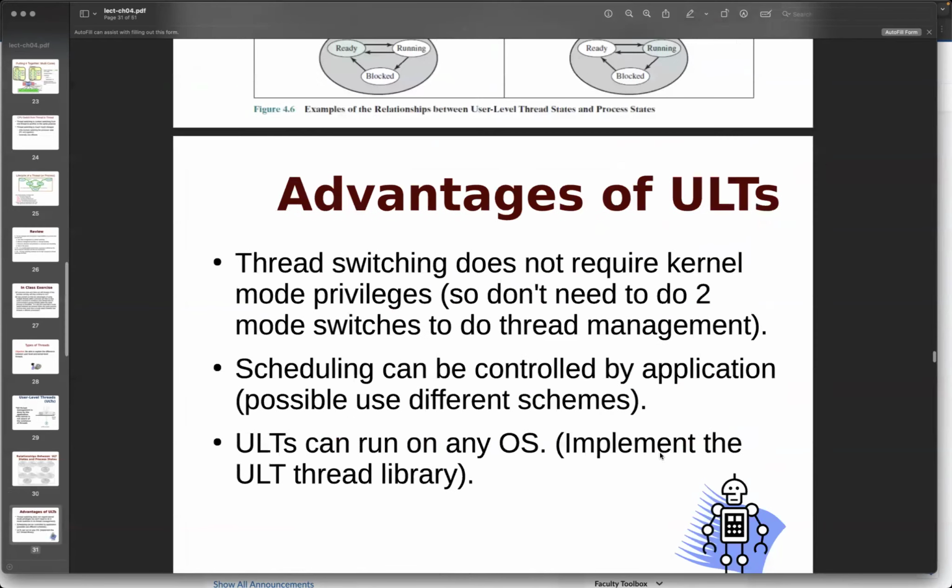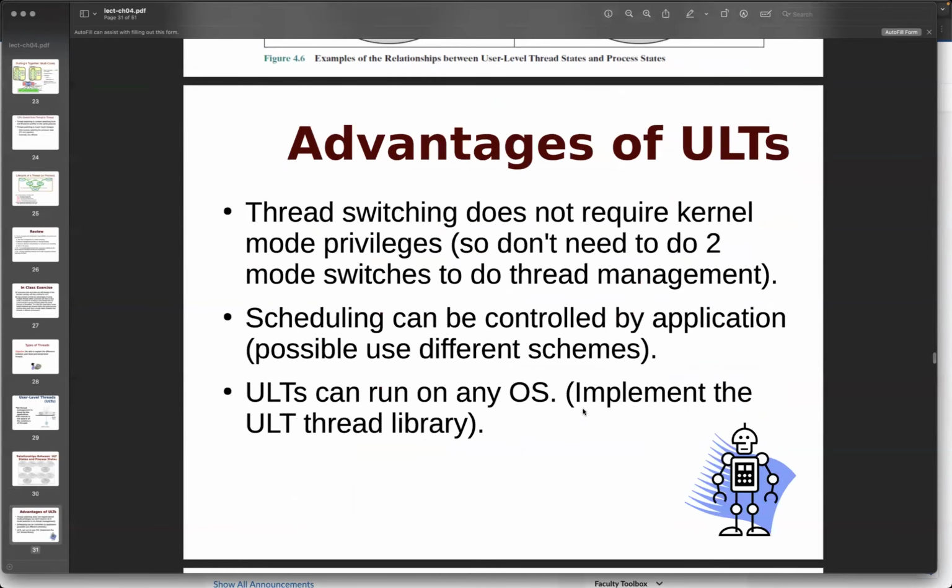For the advantages of using ULTs, thread switching does not require kernel mode privileges, so we do not need mode switching to do the management. Scheduling can be controlled by the application. It is possible to use different scheduling schemes, and they can run on any OS, because we don't have to remember that the OS and the kernel are helping us.